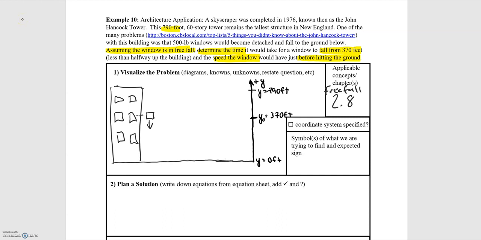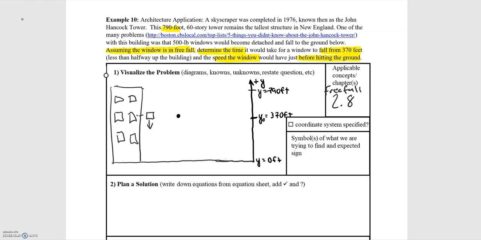Now that we have our coordinate system defined, our next step is to draw our motion diagram. So this window we can assume is starting from rest, where it somehow becomes dislodged and then it goes into free fall. So putting our dot at the initial position, it starts from rest, and then we know from free fall it's going to have an acceleration downward.